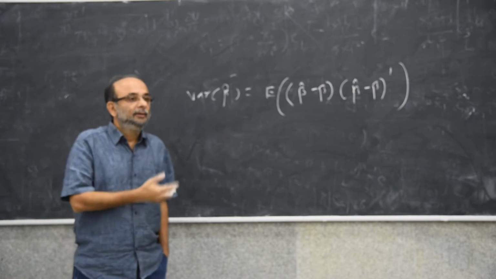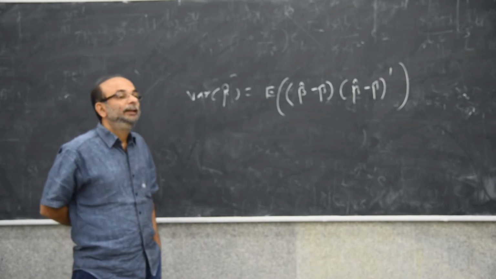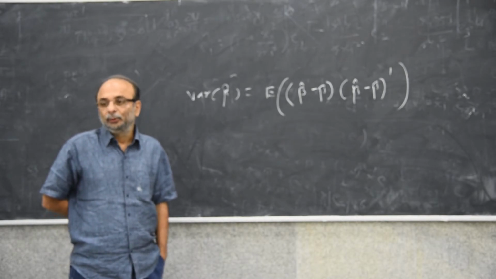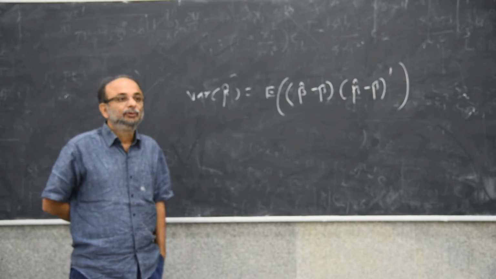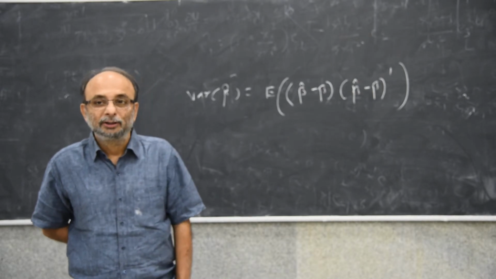This variance of beta hat is the expectation of beta hat minus beta into beta hat minus beta transpose. This is how to square a matrix, x into x transpose, which gives you an n cross 1 into 1 cross n, so all the cross products are there.